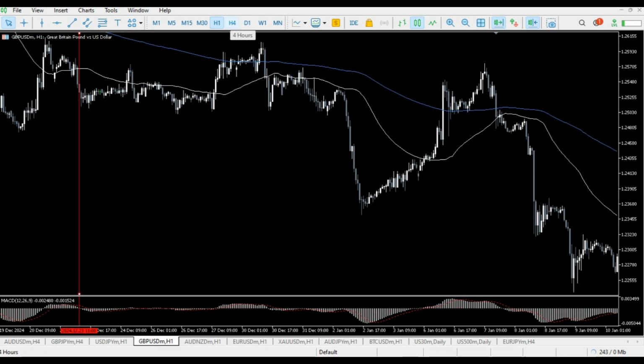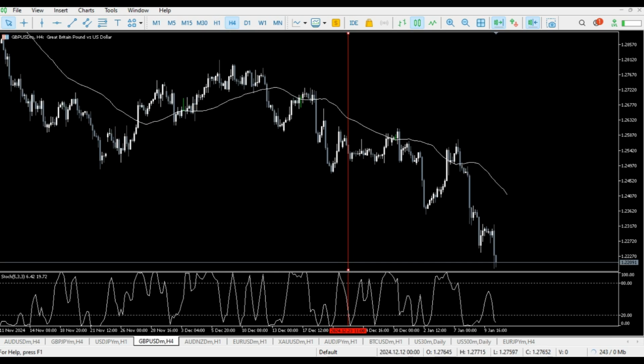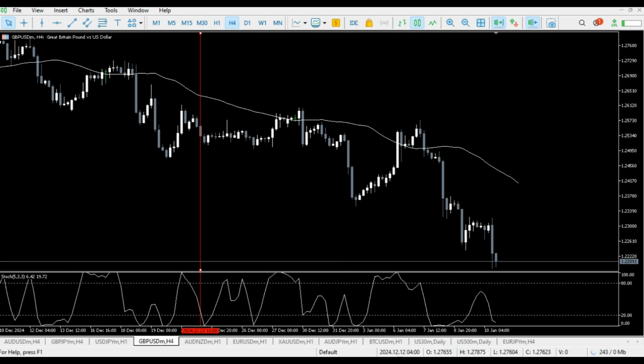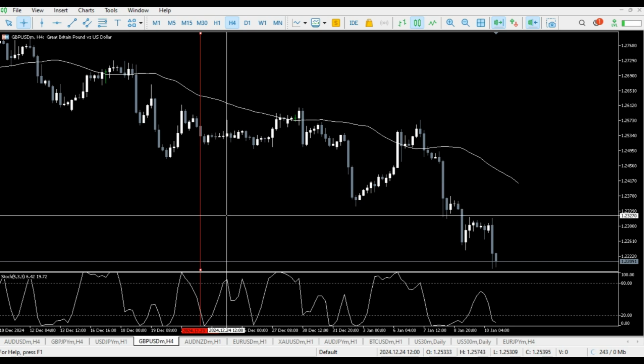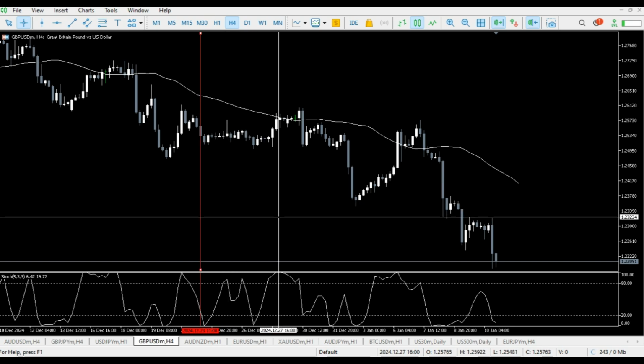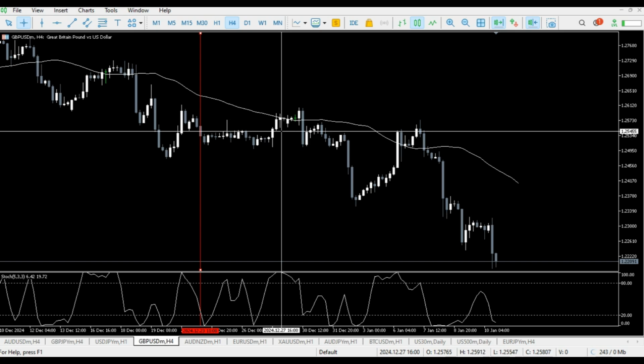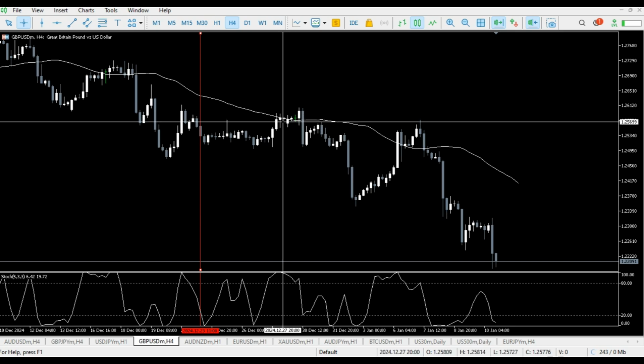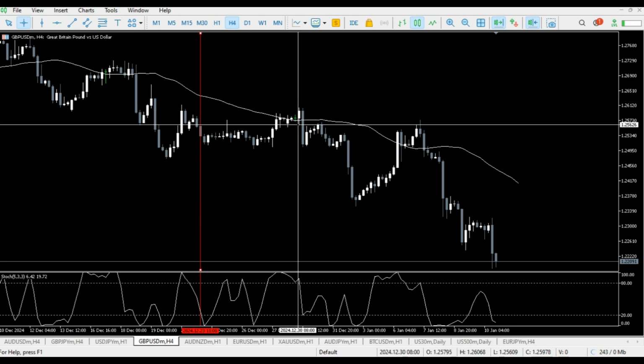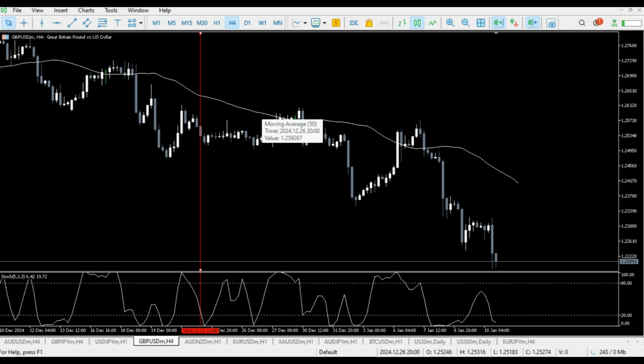Then we go to the H4 time frame to see correct pullbacks. If you look at the H4 time frame, this was a loss, and then this was also a loss. And then right here price pulled into the 50 EMA, and then started ranging.